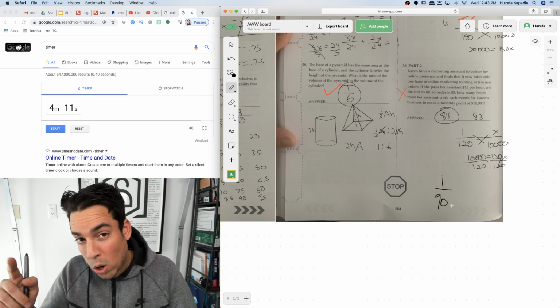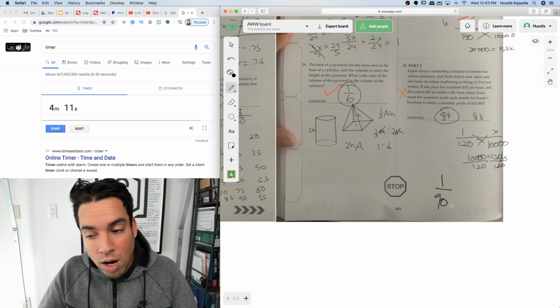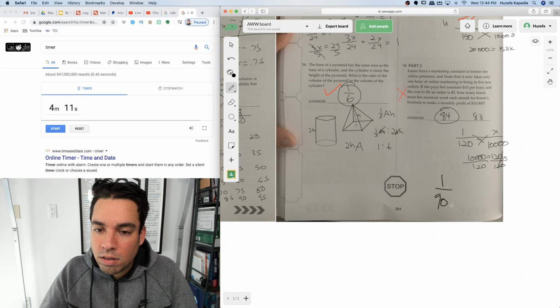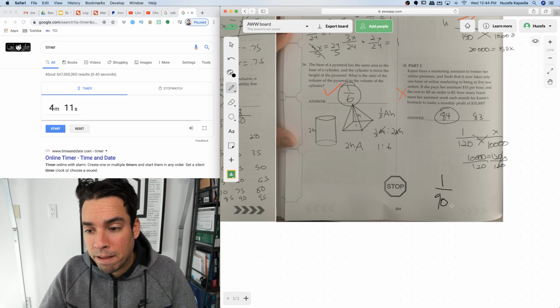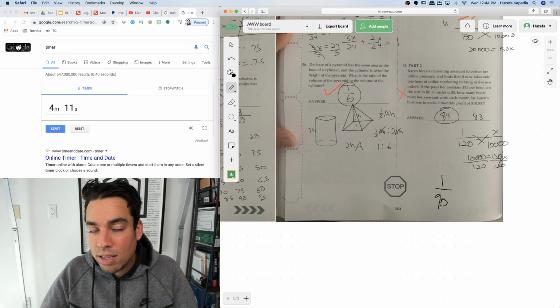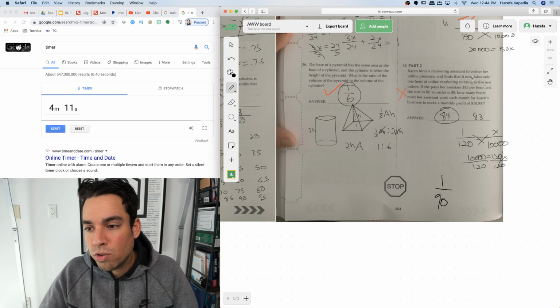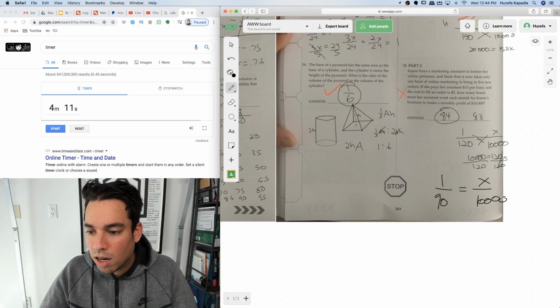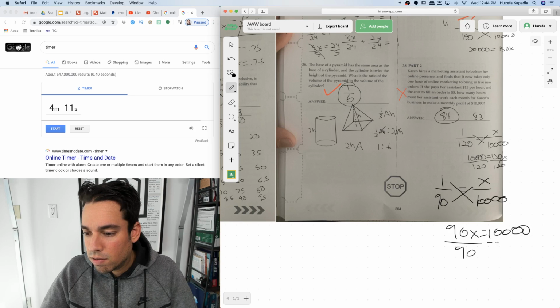Because she was making 150 every 2 hours. Now she's making $90 every hour, you see? So it's $90 because it's $5 for those 5 orders, so it's 25 plus 15 an hour. So it's 1 to 90 equals x over 10,000. Yeah, I just really rushed on this. My bad. 90x equals 10,000, divided by 90.